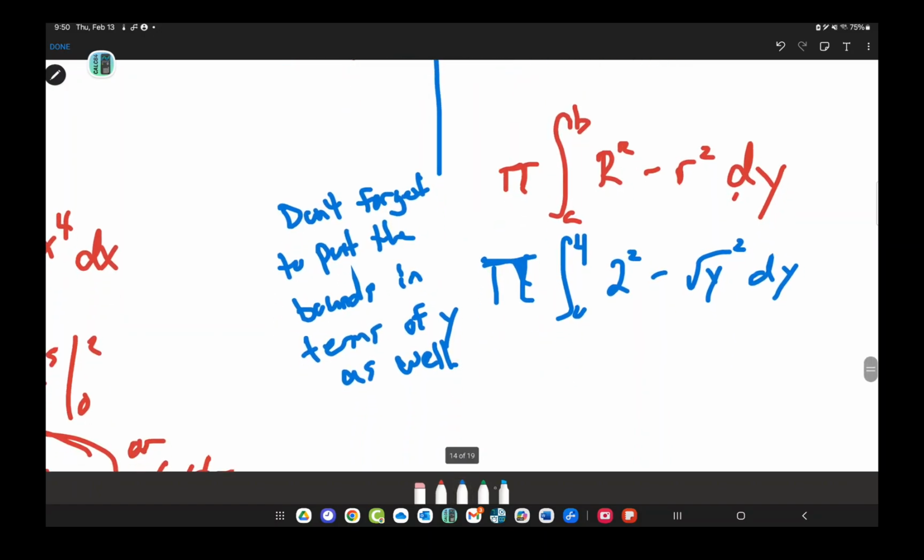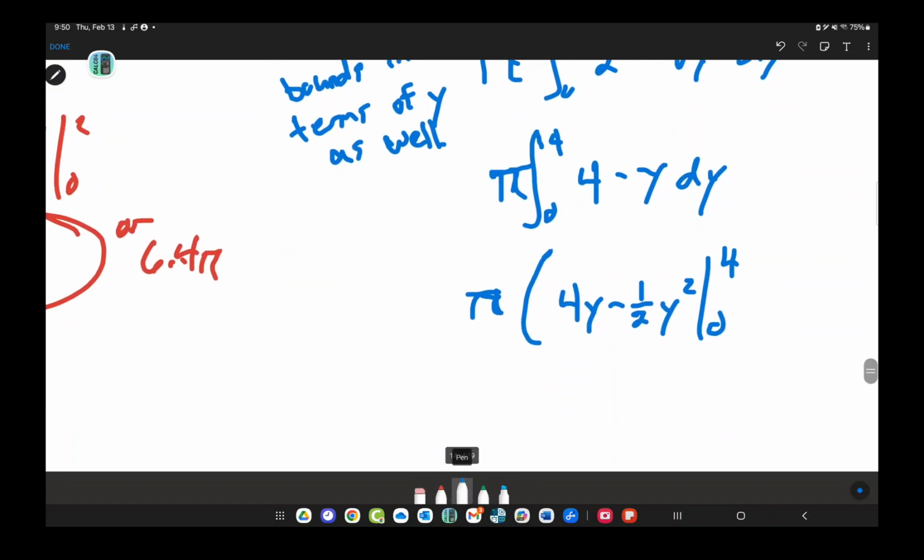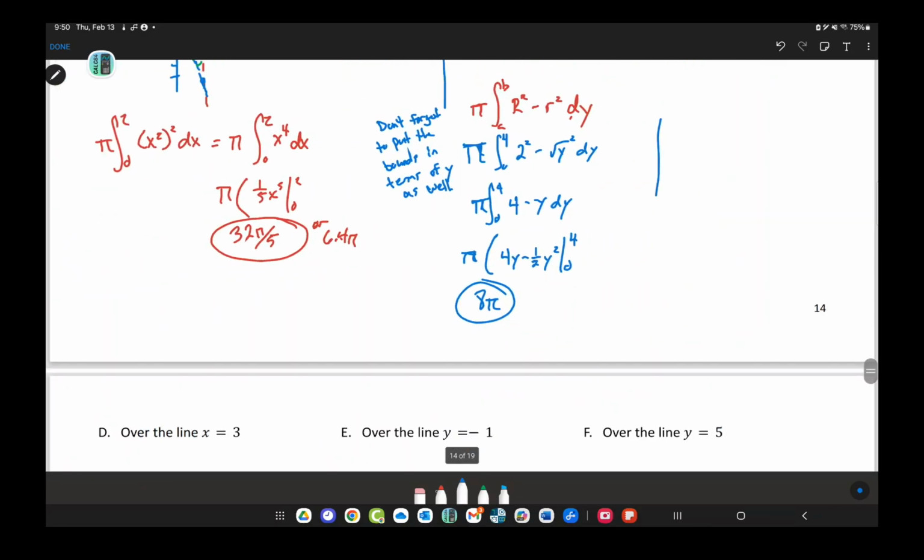So we end up with pi times the integral from 0 to 4 of 4 minus y. And then you just do it. It's just 8 pi. It's hard to find the volume of the outside of the problem.